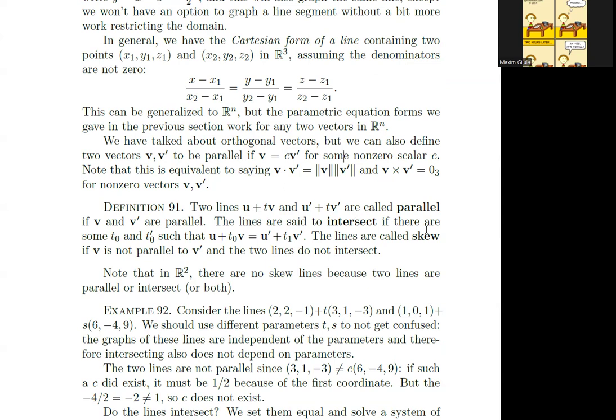And they intersect if there are t0 and t1, not necessarily the same, such that these two are equal. And the lines are called skew if v is not parallel to v prime and the lines don't intersect. So in R2, there are no skew lines because two lines are either parallel or intersect, or both. They could be the same line.